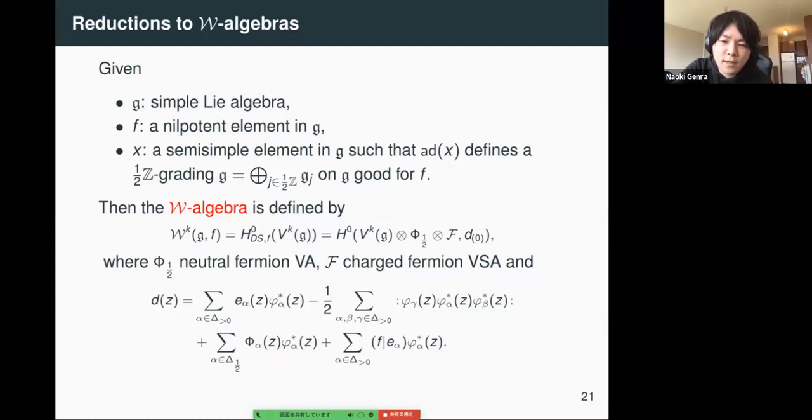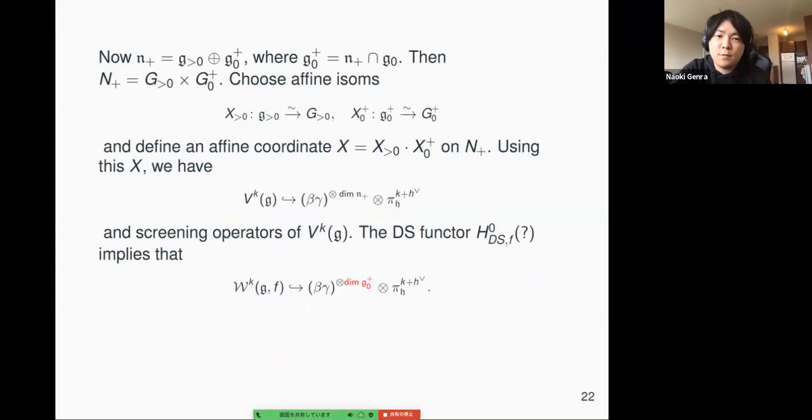Phi bar and Phi bar star are fields of charged fermions. And large Phi alpha(z) in the last line comes from the neutral fermion. It's just some beta gamma system element. Anyway, this is the definition.